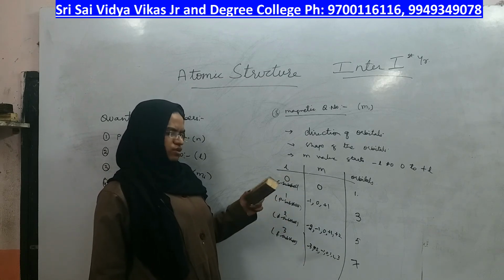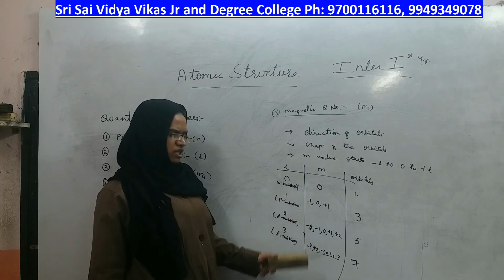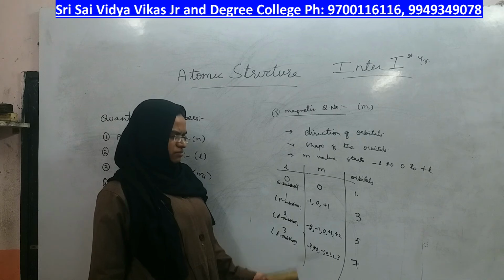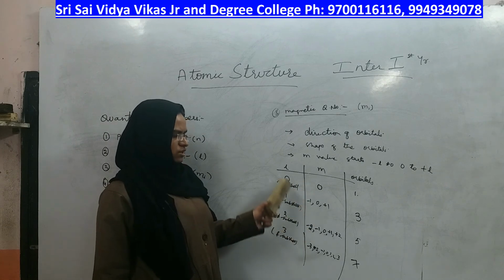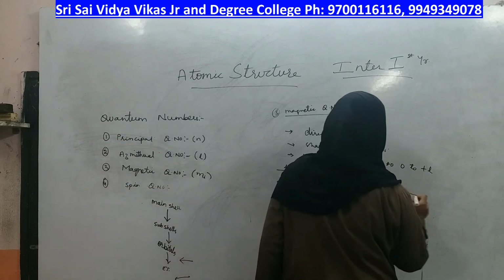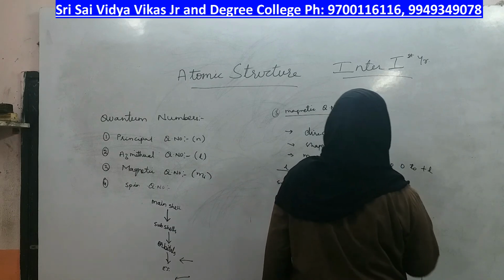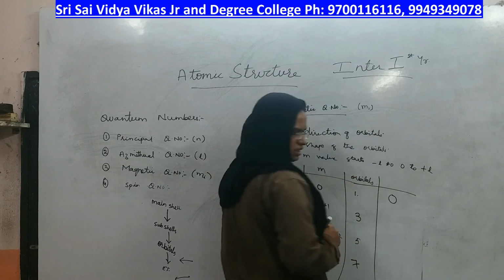S subshell has only 1 orbital, P subshell has 3 orbitals, D subshell has 5 orbitals, and F subshell has 7 orbitals. Let us look at each and every orbital of each and every subshell. The S orbital is simply like this.